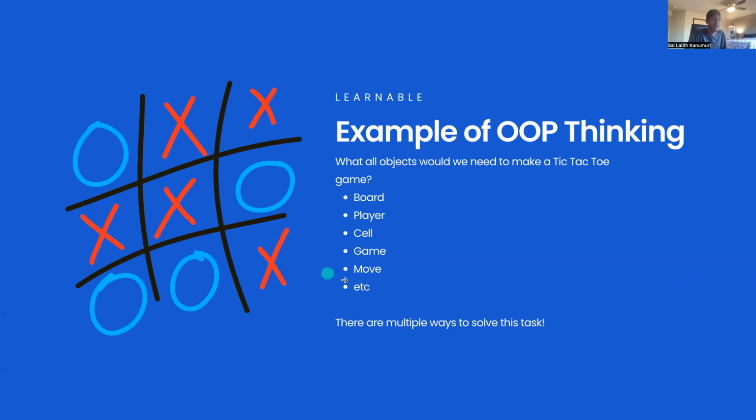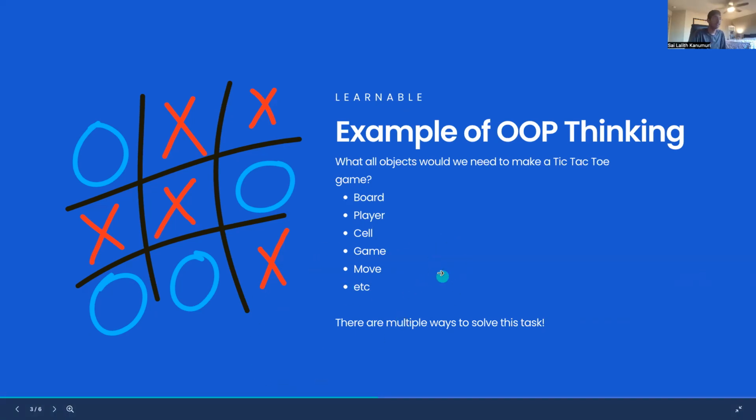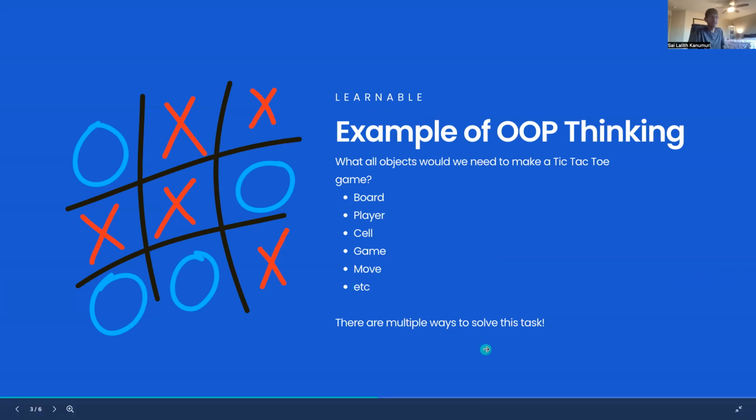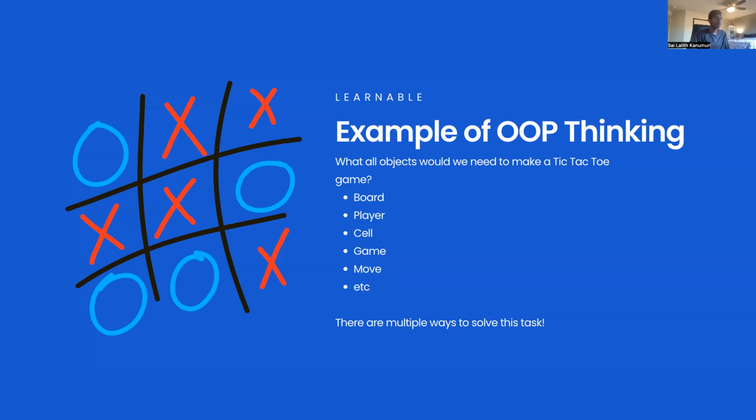You don't need to have game or move or anything like that. You can just have 3 objects and get the game done, or you can have 10 objects and get the game done. It's a huge amount of creativity. There are multiple ways to solve this task. To make a tic-tac-toe game, you don't especially need these 5 classes. You can have many more or many less. It's all up to you. This shows creativity, and this shows the OOP thinking.